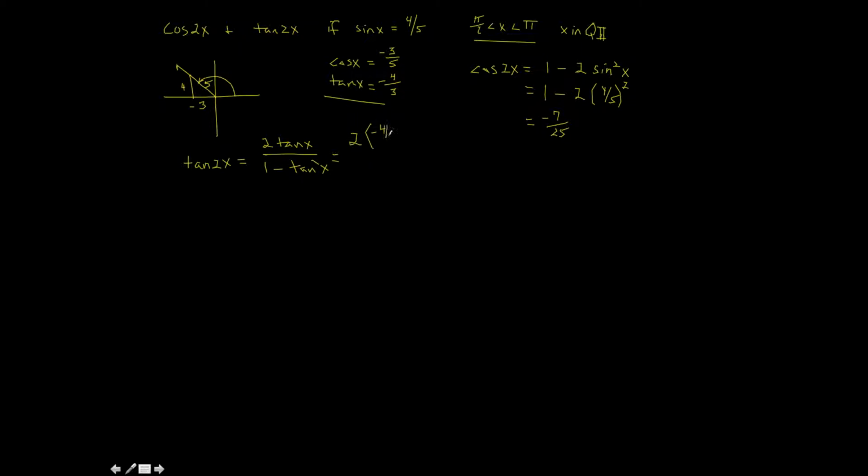We solved for that earlier. And so we can substitute negative 4/3 in both of these. So this is going to be a negative 4/3 squared down on the bottom. Do your arithmetic here, and you should get 24 over 7. Okay, 24 over 7. So hopefully that makes sense to you using these double angle identities.